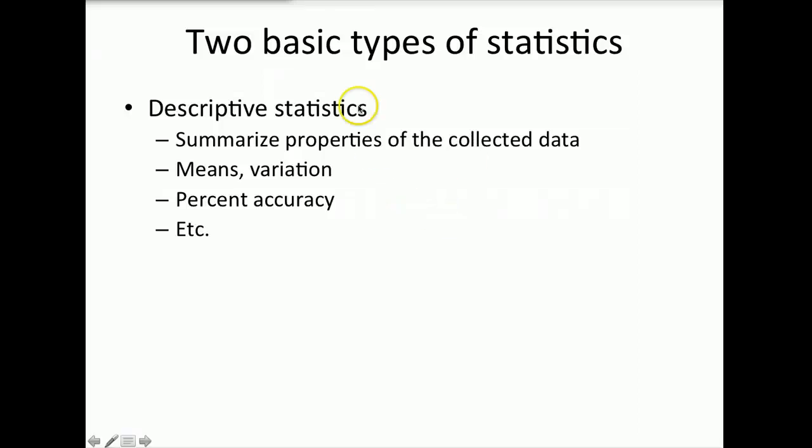For instance, one very common thing would be to average some data, for instance, taken from different participants. So that would give us some kind of mean of their observed behavior, and we might also want to look at variation in these data.